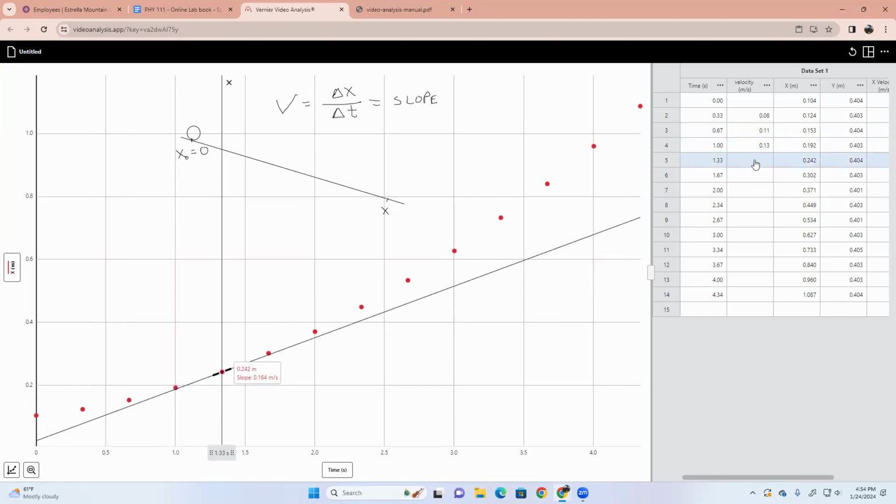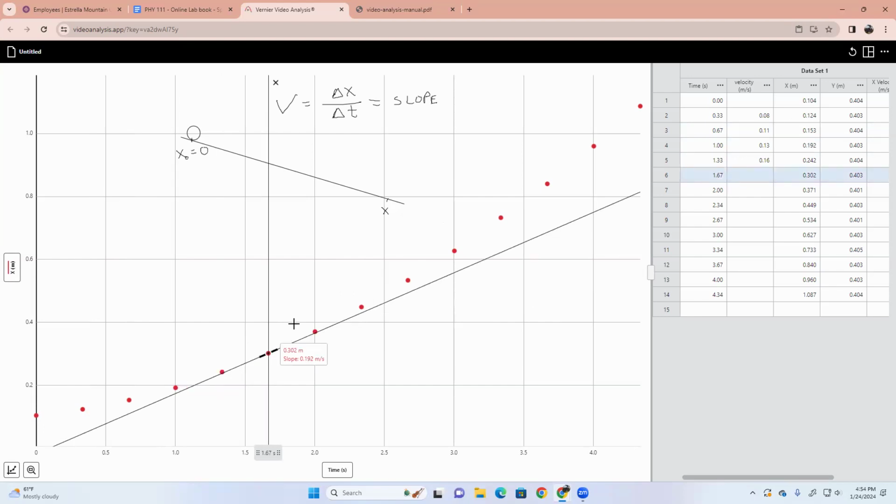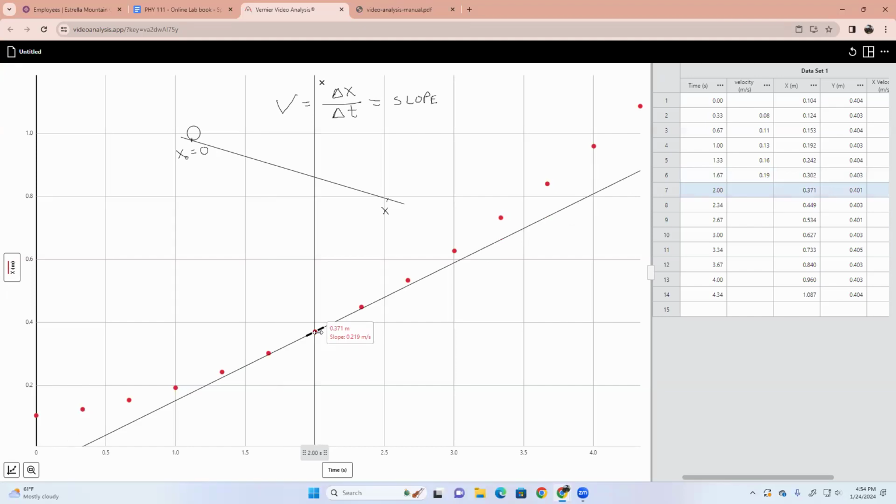At 1.33 seconds, the slope is 0.16. At 1.67, the slope is 0.19. At 2 seconds, the slope is 0.22.